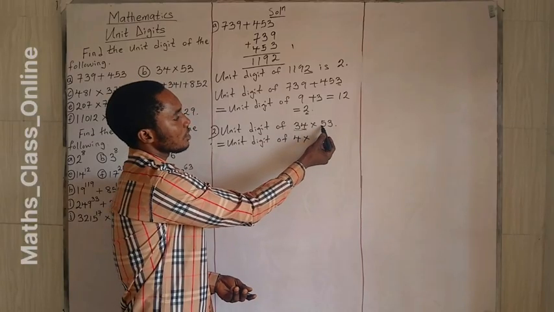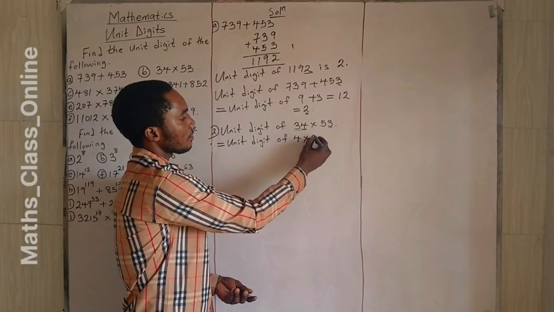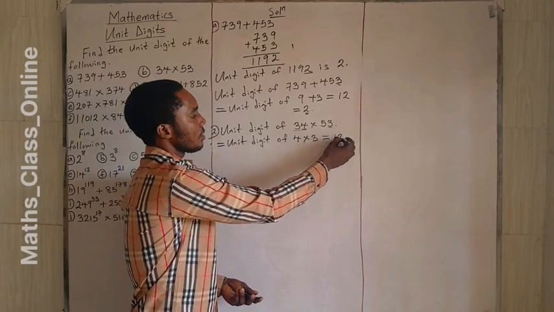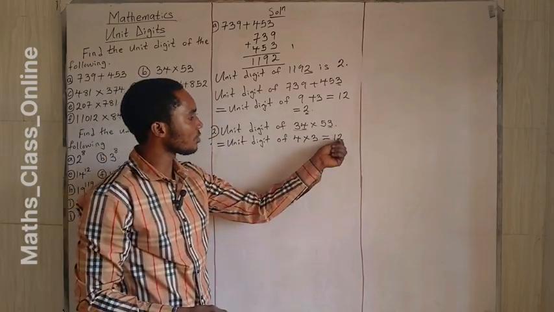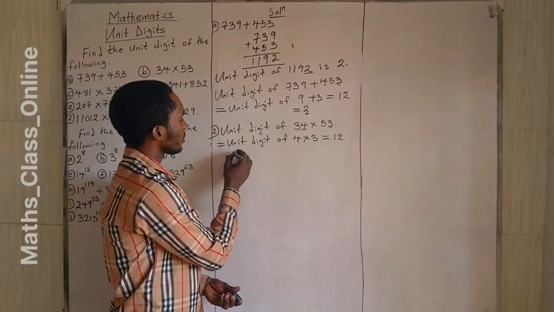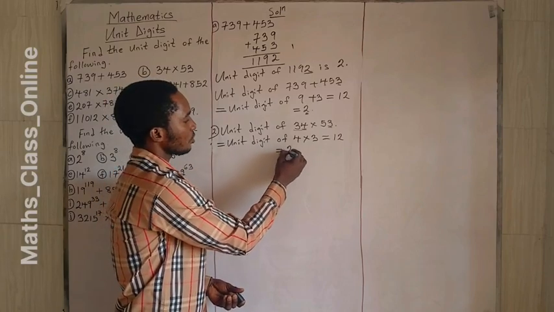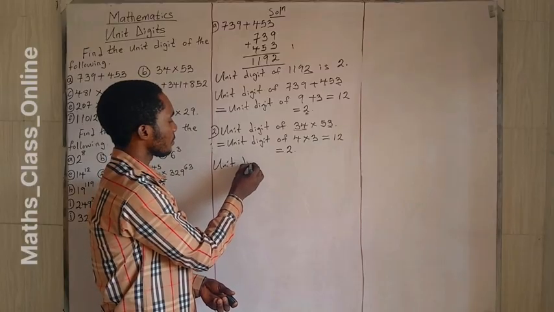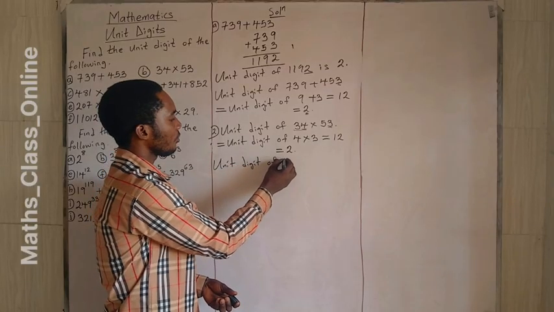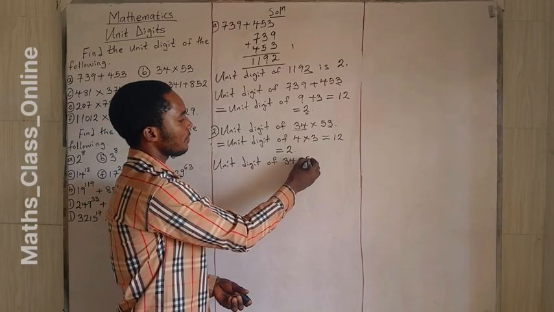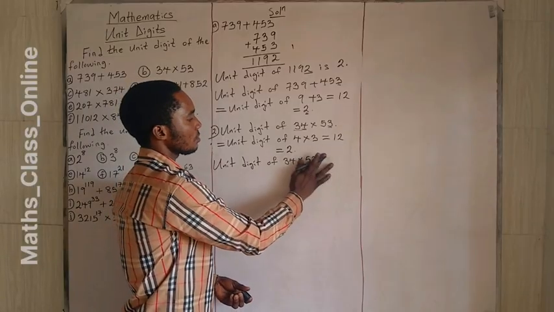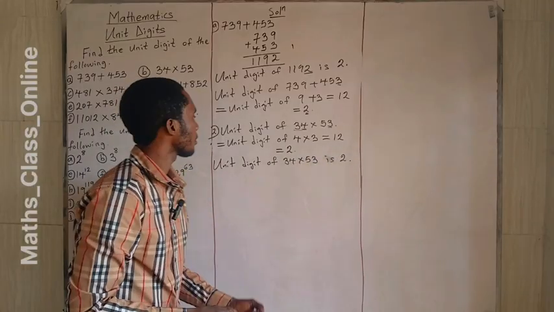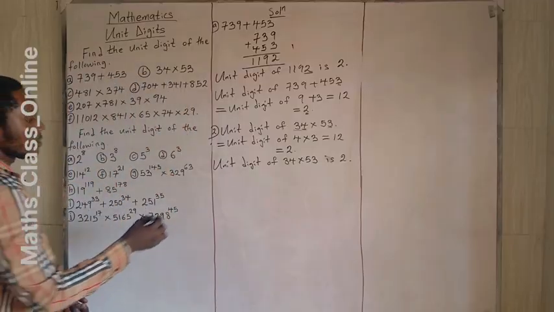Times unit digit of 53, that is 3. 4 times 3, that's 12. Now, what is the unit digit of 12? The unit digit of 12 is 2. That means that the unit digit of 34 multiplied by 53 is 2.